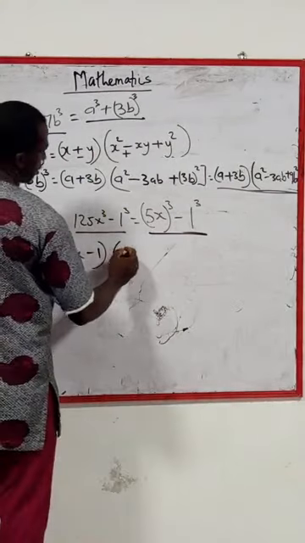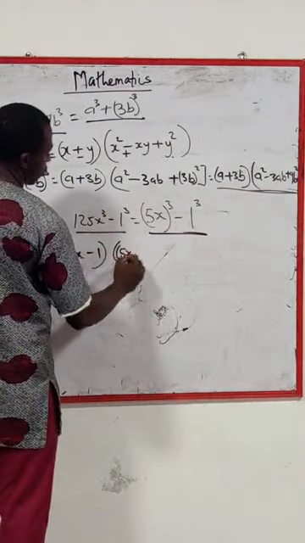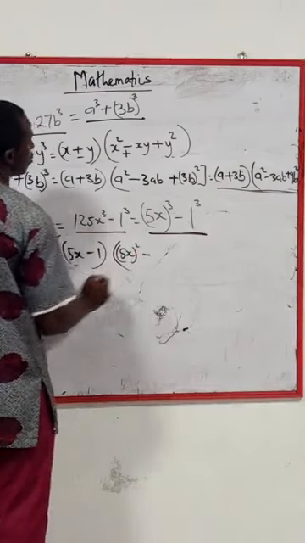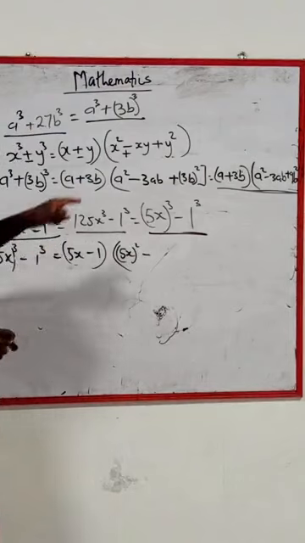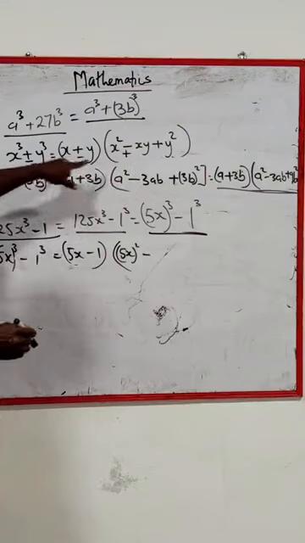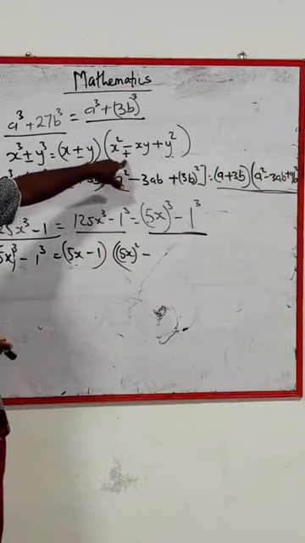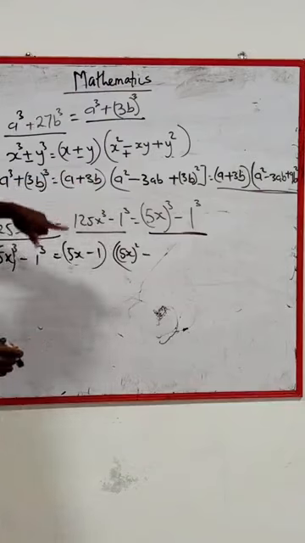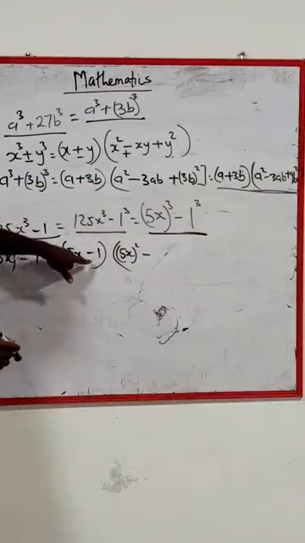We're going to have 5x all squared. Then the sign, which was minus, in this case is going to be plus, because we are multiplying these two terms.